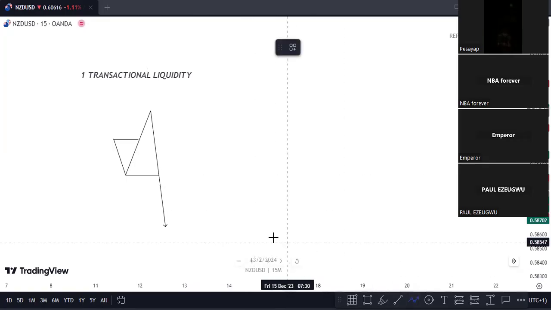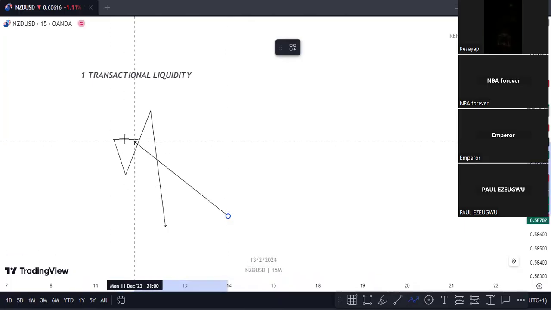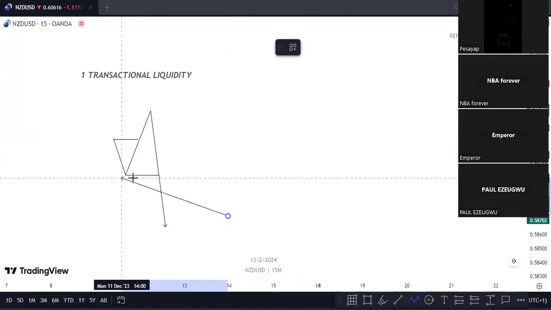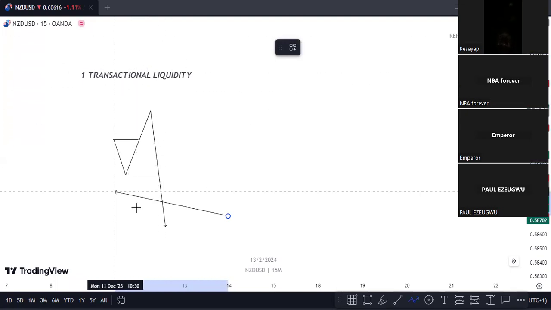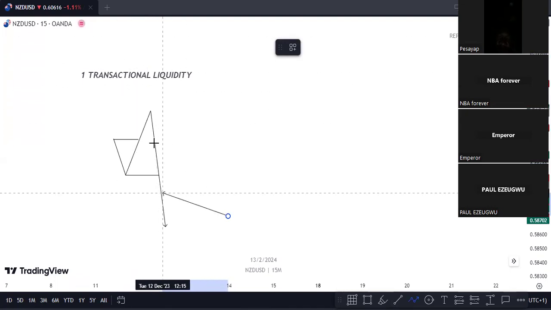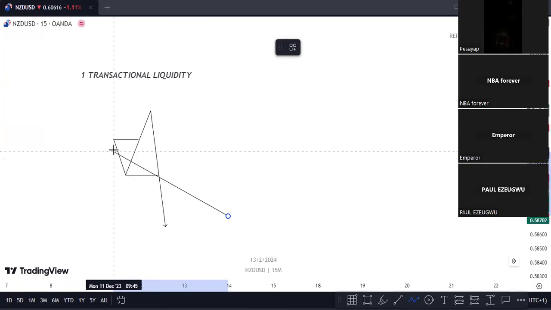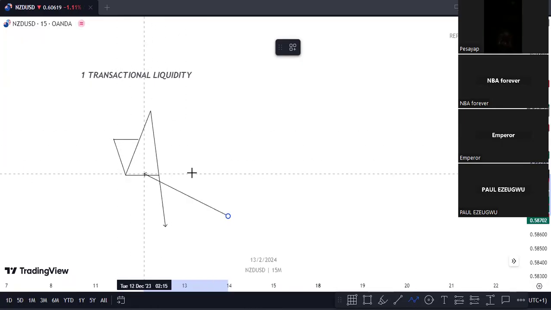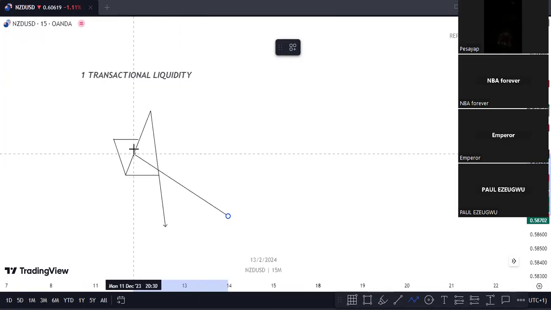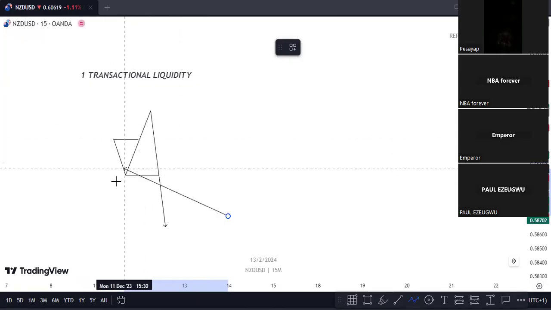A transaction has occurred between both buyers and sellers. We had a sweep and a break, taking out liquidity on both ends, both above and below.